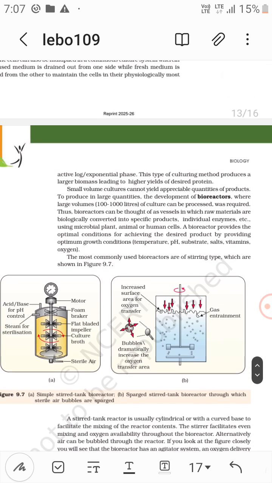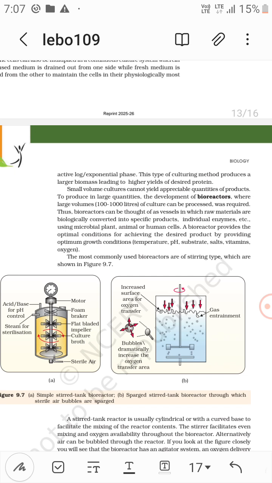Small volume cultures cannot yield appreciable quantities of products. To produce in large quantities, the development of bioreactors, where large volumes, that is 100 to 1,000 liters of culture, can be processed, was required. Thus bioreactors can be thought of as vessels in which raw materials are biologically converted into specific products, individual enzymes, etc., using microbial, plant, animal or human cells.